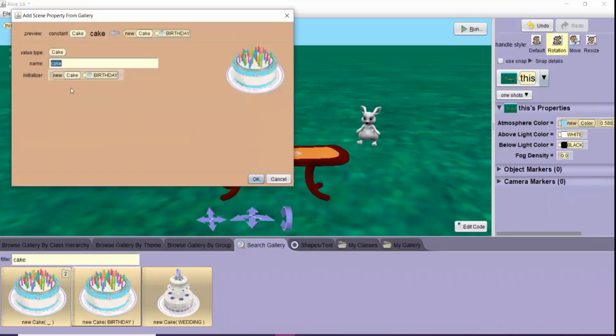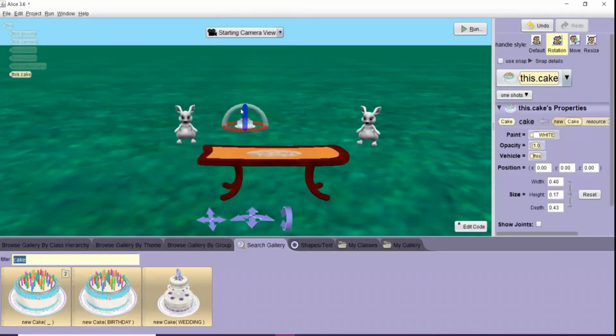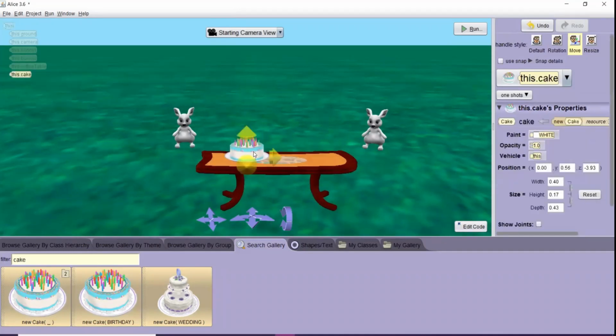Okay, nak ni lah. Cake. Okay. And then saya akan movekan dia ke sini. Okay, panjang lagi. On the table. Okay.